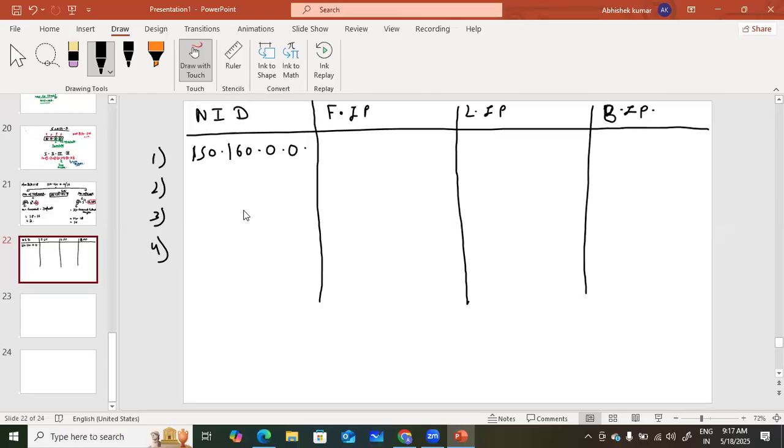So 150.160.0.0, then 150.160.14.0. How do I derive this number? Whoever has arrived at it, how did you come to that number? I'm performing the third octet subnetting, and you left the third octet as 0.